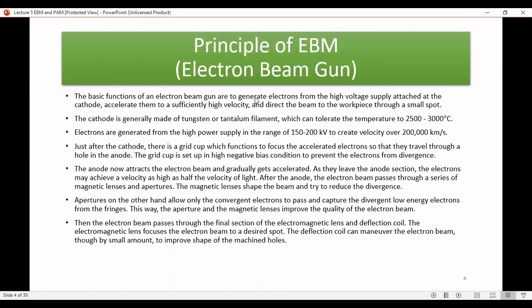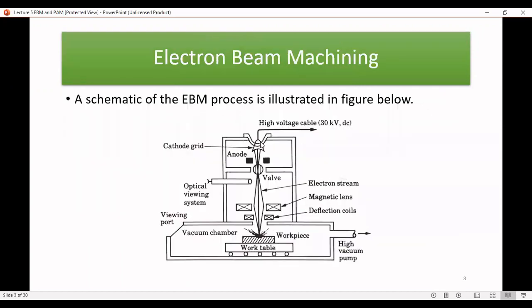If you hit certain elements with high enough voltage, you can dislodge electrons from their atoms, accelerate them to sufficiently high velocity, and direct the beam to the workpiece through a small spot. So basically this is the cathode, and you apply a high voltage to it. You're talking about 30 kV. This is a DC, not AC.